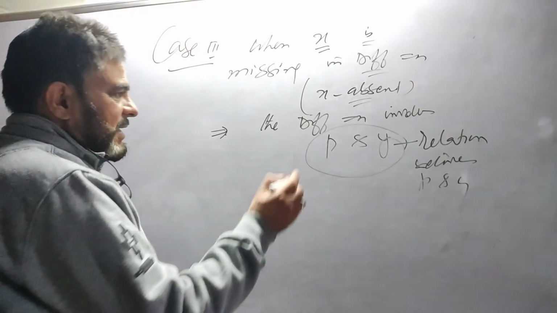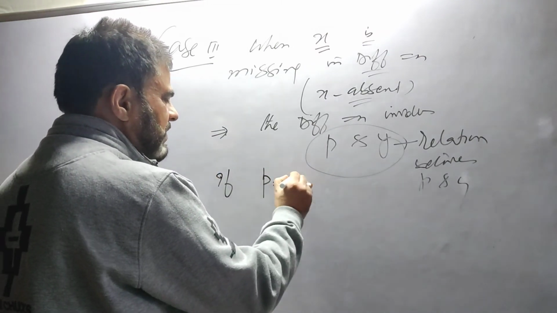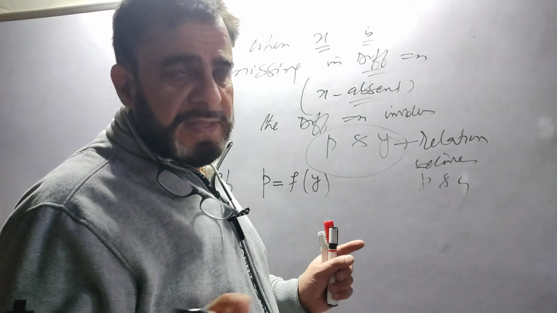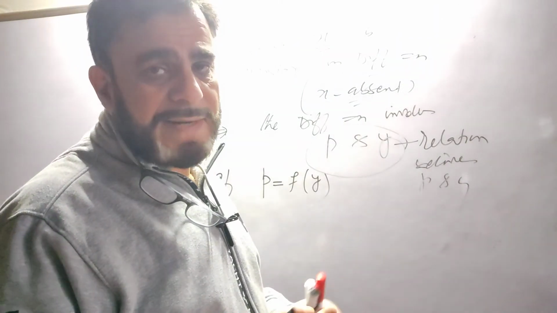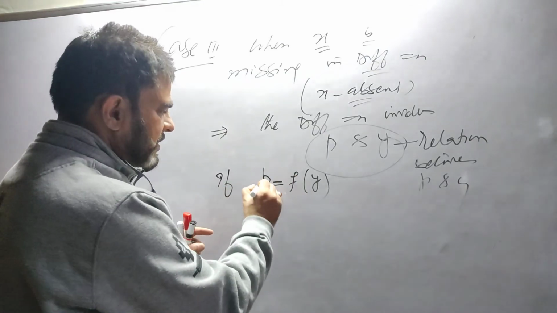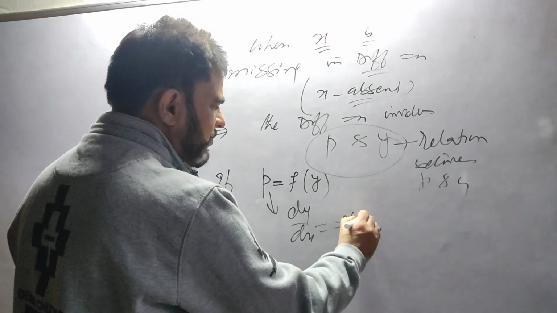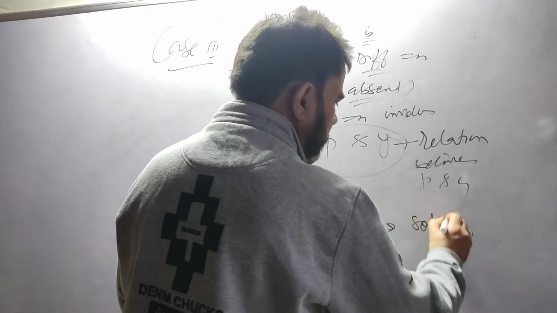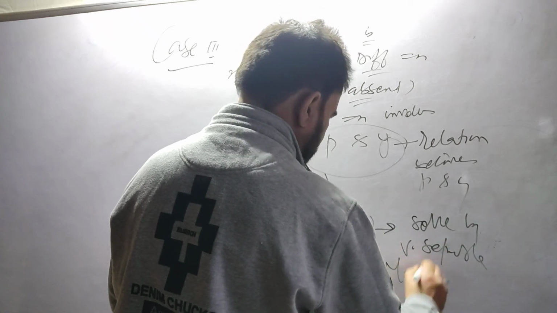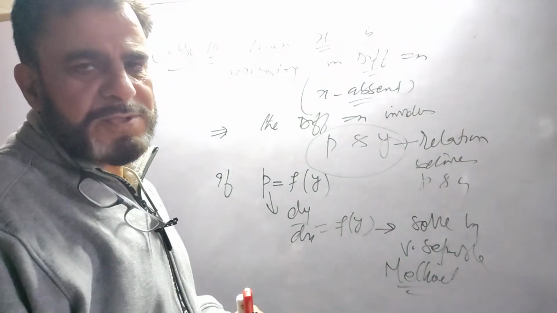Now if in this case you can express p as a function of y, that means this p, which is dy by dx, is equal to some function of y. You can solve by variable separable method. You solve this by variable separable method, that will be the solution.